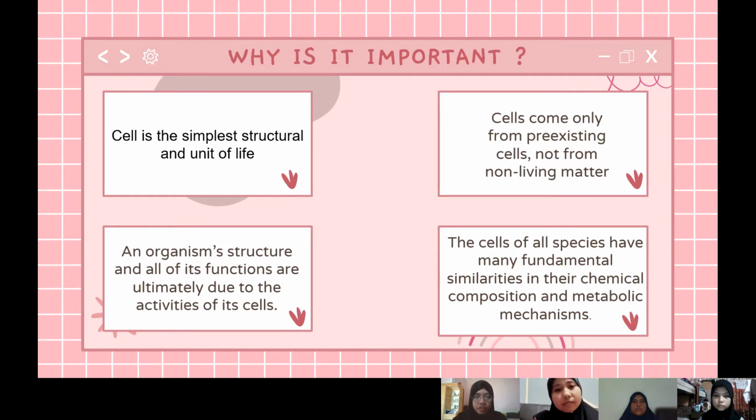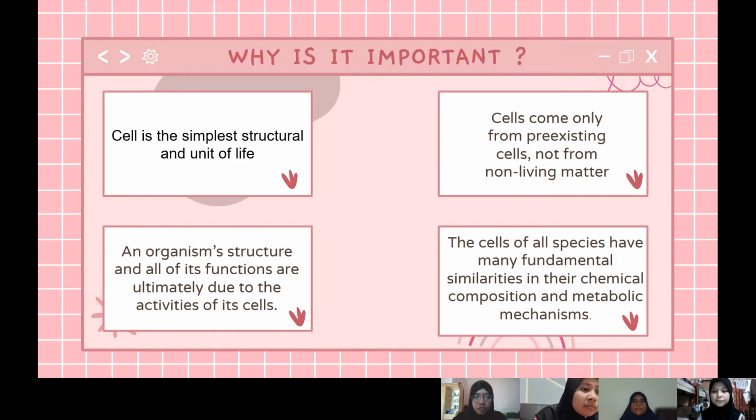The structure of a cell allows the cell to be specialized. The cell can do specific things with the cell's proteins. Hence, a cell can act like a neuron or a bone cell or a skin cell. An organism's structure and all of its functions are ultimately due to the activities of its cells.